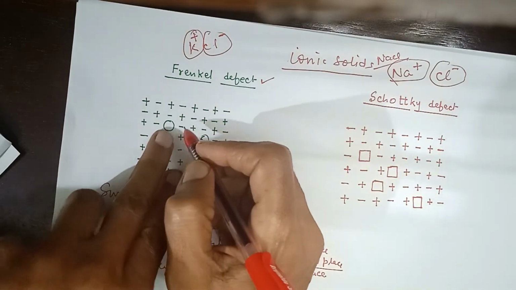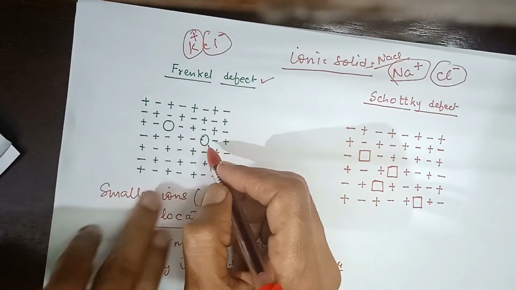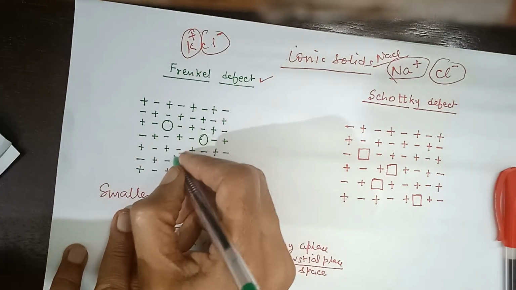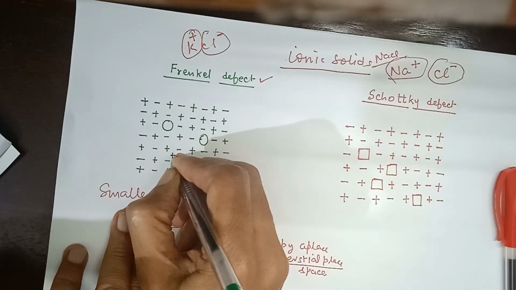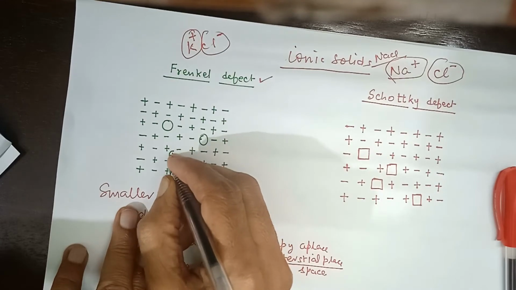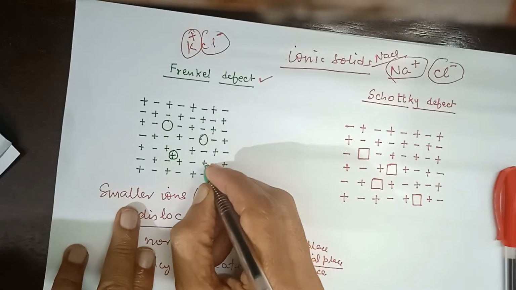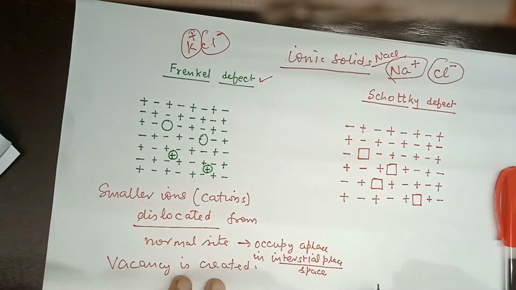Means here a cation is missing, here a cation is missing, and these cations are located at a different, interstitial place. Then what happens?